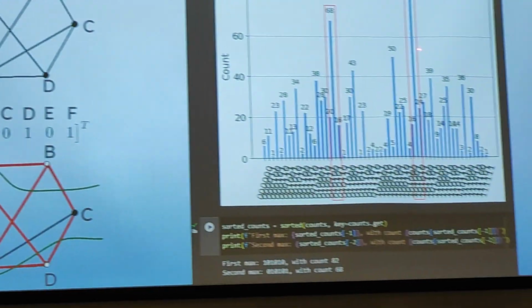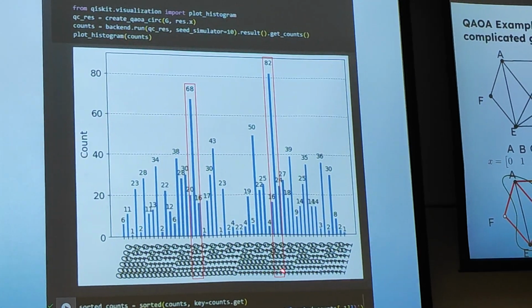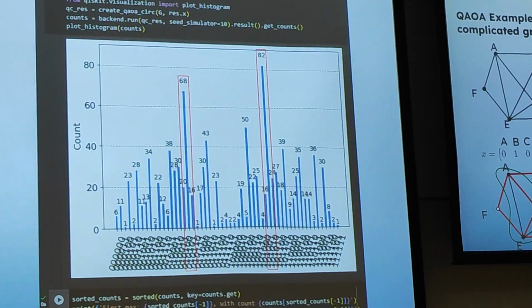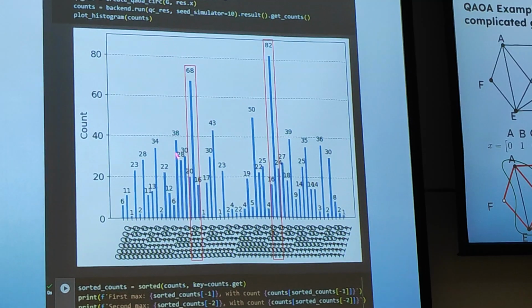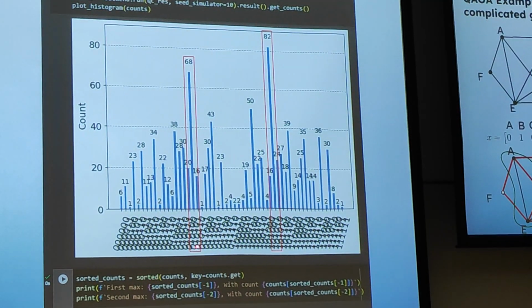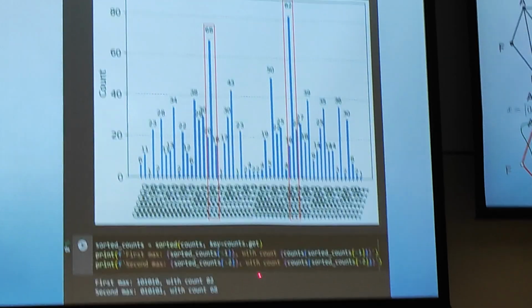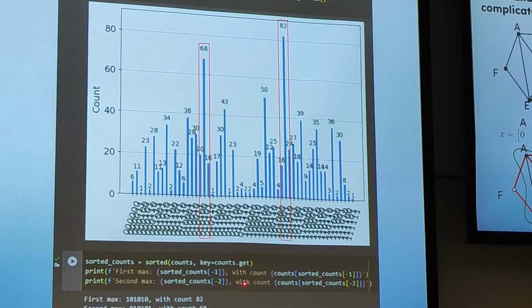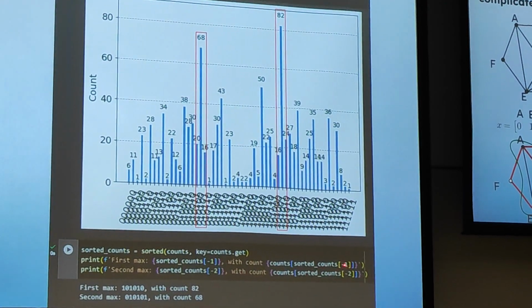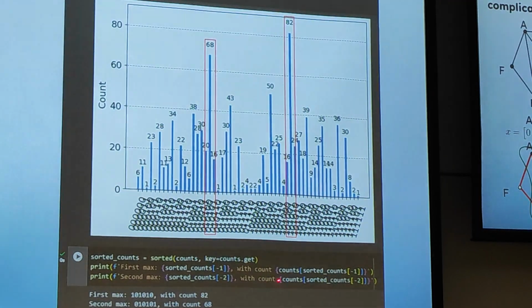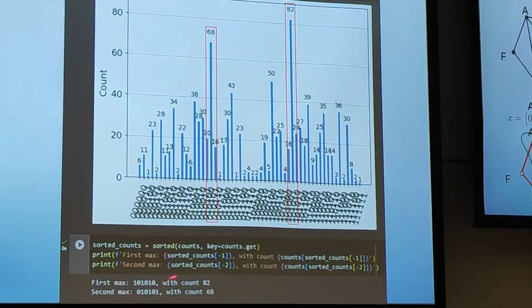As for the results from the quantum computer, it is kind of difficult to see, so I printed out the two peaks with the state vector and their value in the count. They are 1, 0, 1, 0, 1, 0 and 0, 1, 0, 1, 0, 1 respectively, which similarly are practically equivalent.